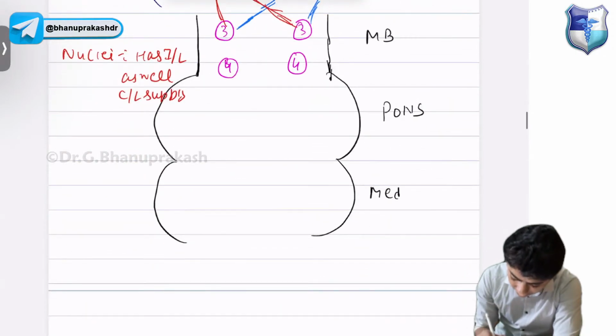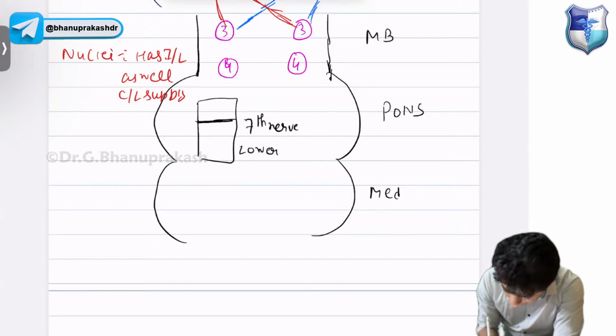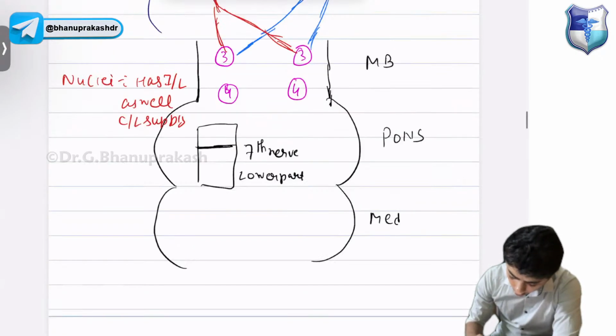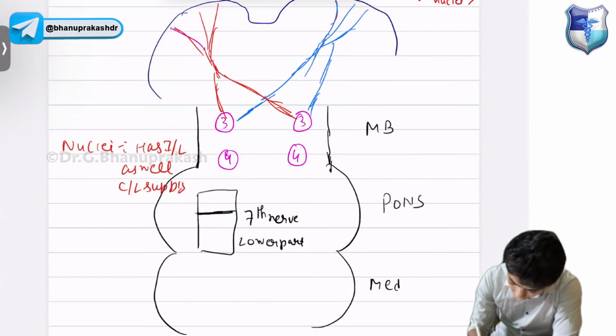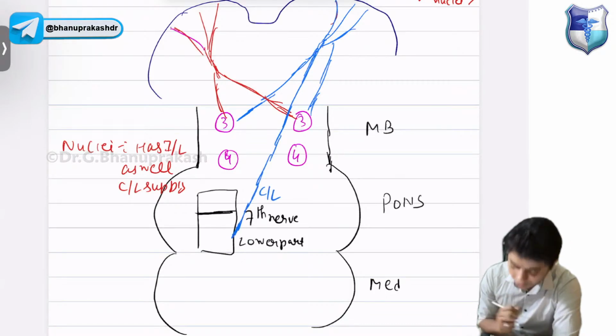Except this is your seventh nerve nuclei. Okay. This is its upper part, and this is its lower part. This lower part has supply only from this contralateral corticobulbar tract.